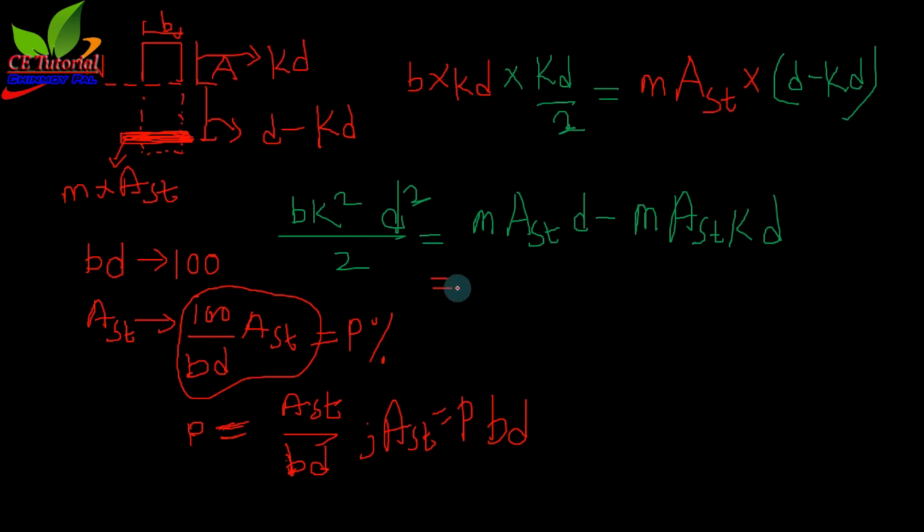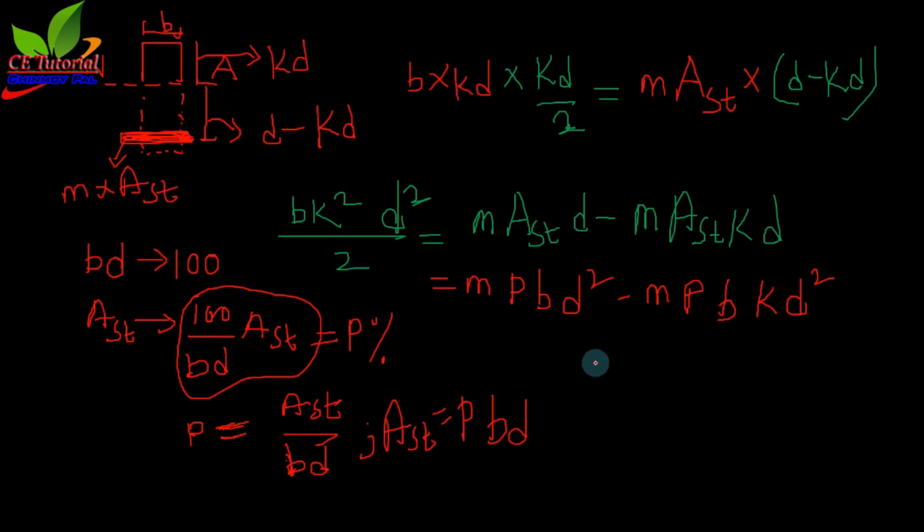Now just place all those terms: M P B D square minus M P B K D square.